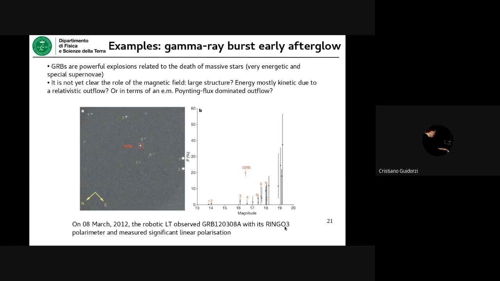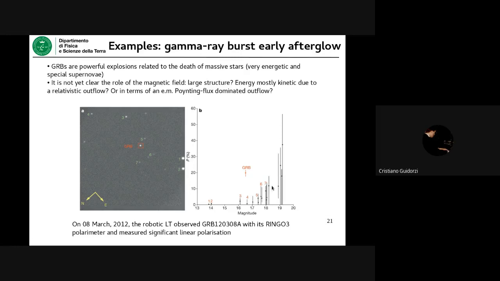So the point I want to make is that we measure that, you see, in the y-axis is the degree of linear polarization in percentage. All these error bars here are stars within the field, which are numbered. So you see number 3, number 1.